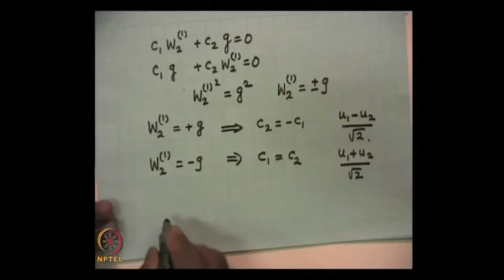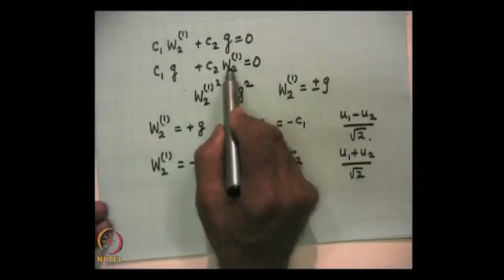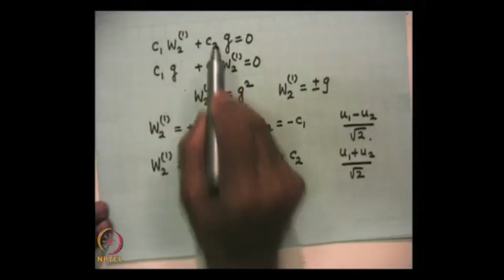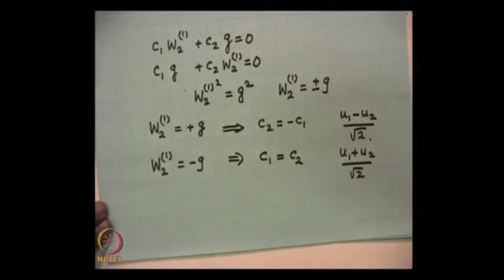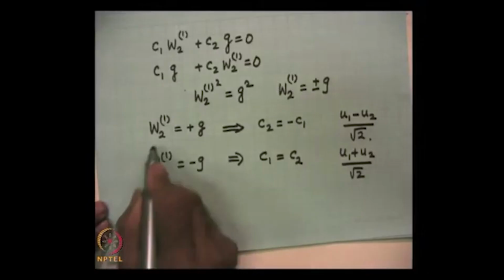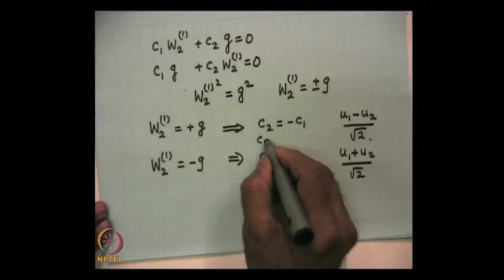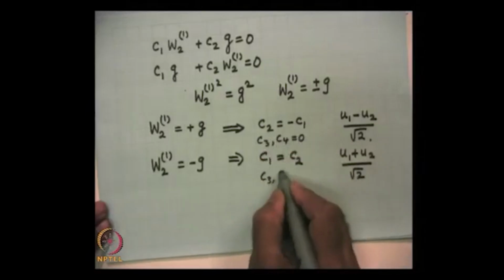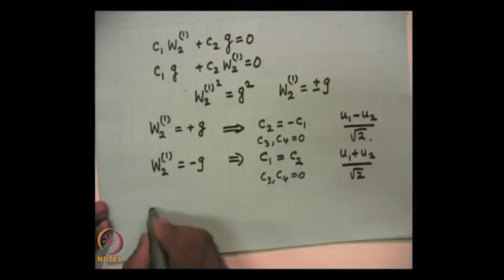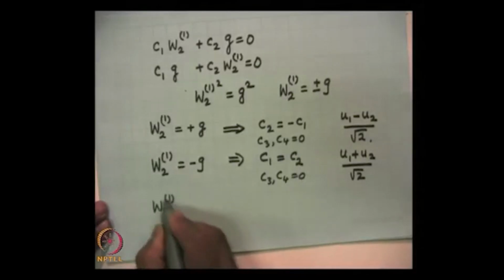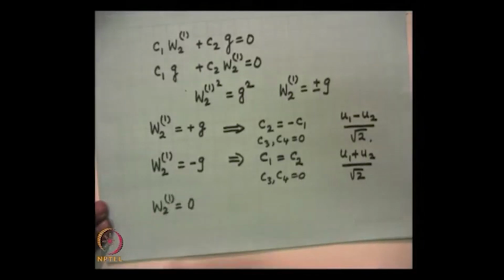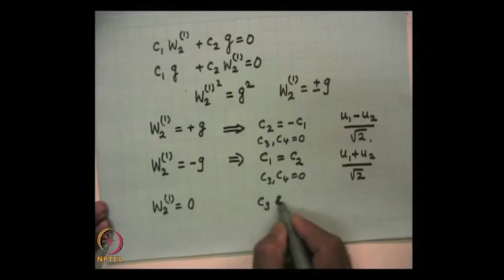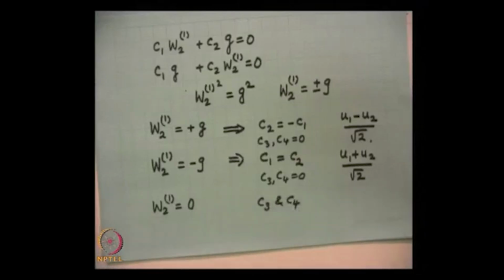Now, the other two equations tell us W21 is 0. If W21 is 0, then C1 must be 0, C2 must be 0. So, if W21 is plus G, then C3, C4 must be 0, and the 4 roots are therefore W21 equal to 0, where C3 and C4 can be arbitrary.